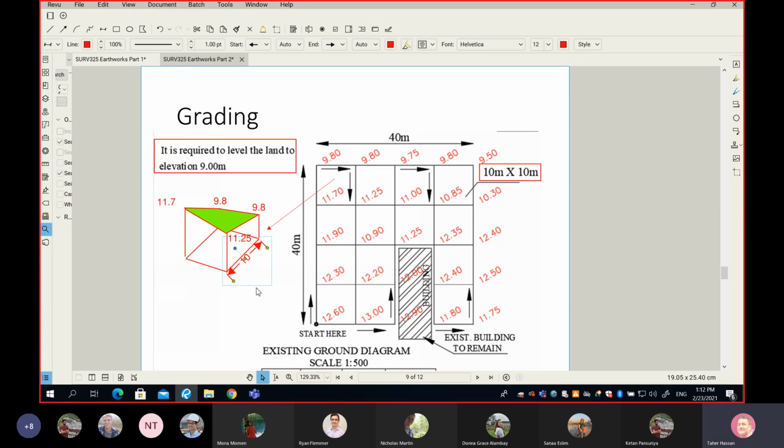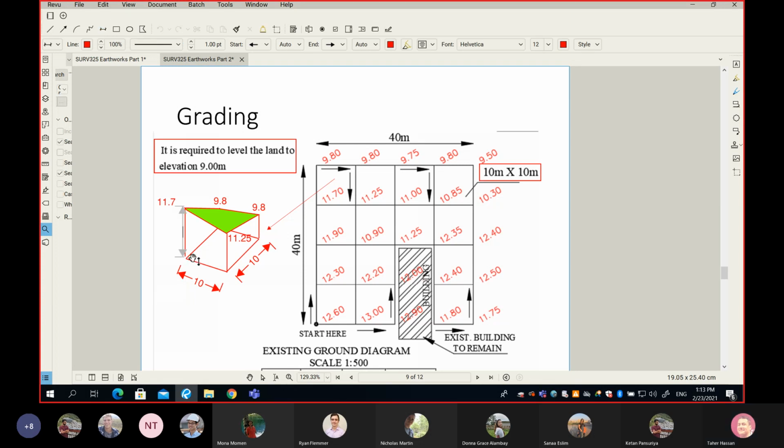And also this side, from here to there, is 10 meters. Now, let me ask you, what is the depth of cut at this point, from here to my finished ground?